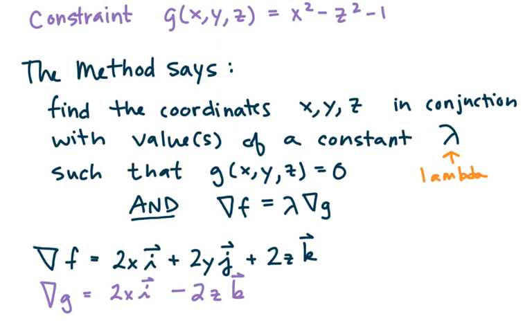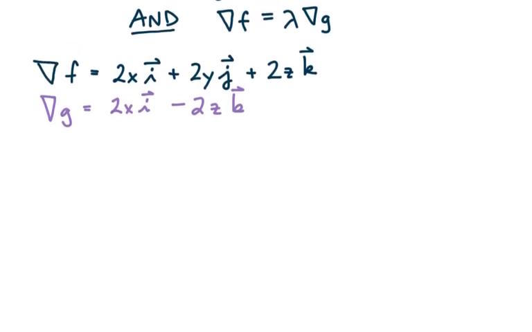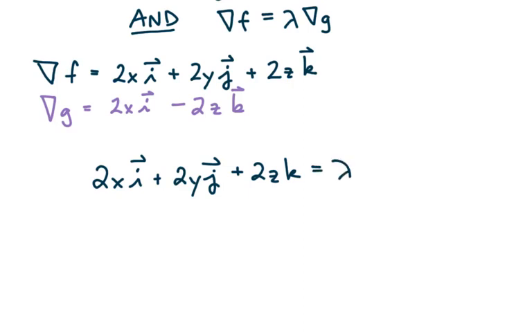All right, so we want to solve this system of equations for lambda. Considering that property listed, I can say 2xi plus 2yj plus 2zk is going to equal lambda times the gradient of g, 2xi minus 2zk.